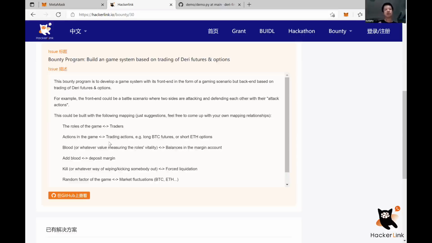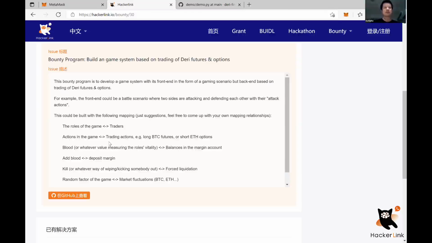For example, I just mentioned there are traders. I was a trader just now when I did the trades, right? So there are traders in this financial scenario. You can map that into the roles or the characters of the game.